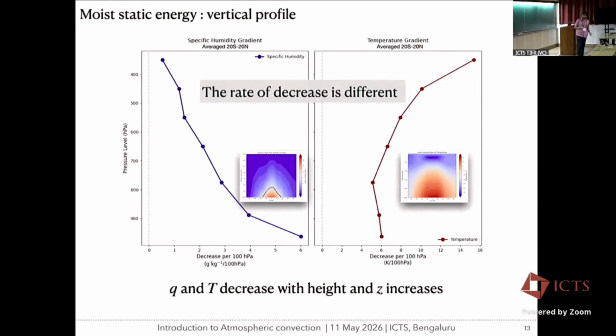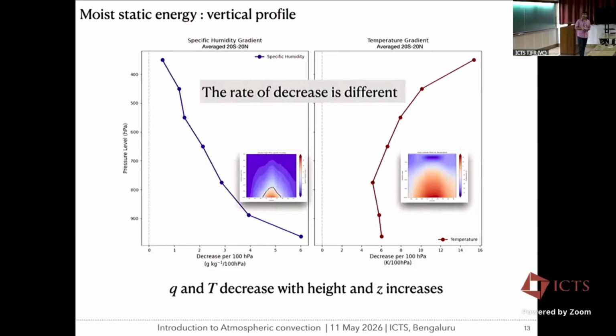And for that, I plotted the vertical gradients of the zonal plots of specific humidity and temperature that I had drawn before. I just averaged, took the mean value, between 20 south and 20 north, and plotted a gradient.